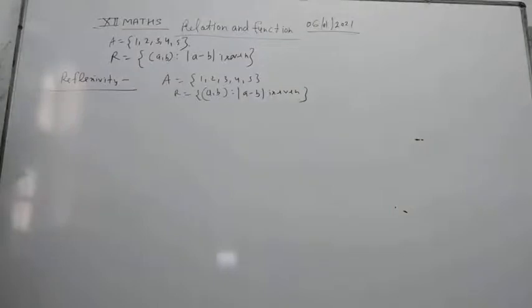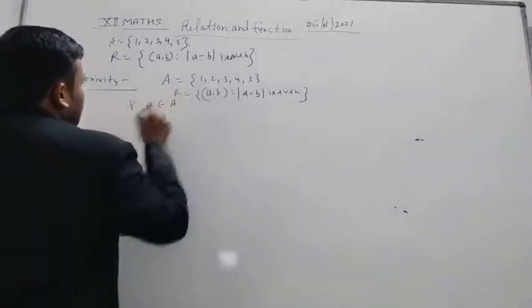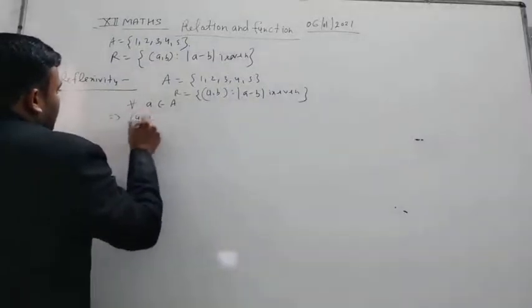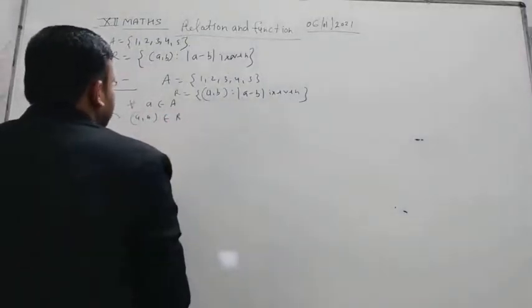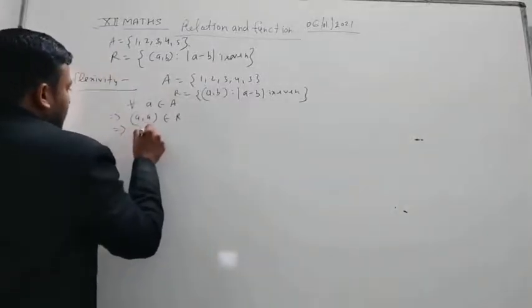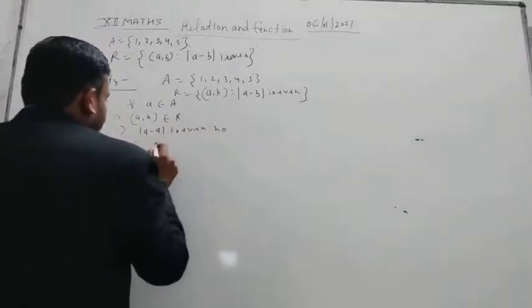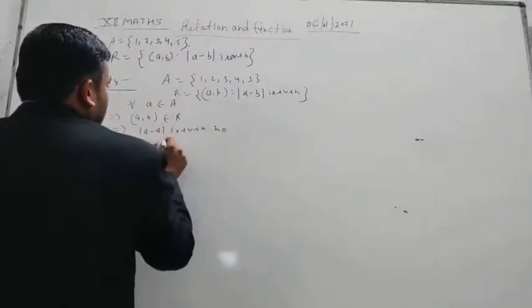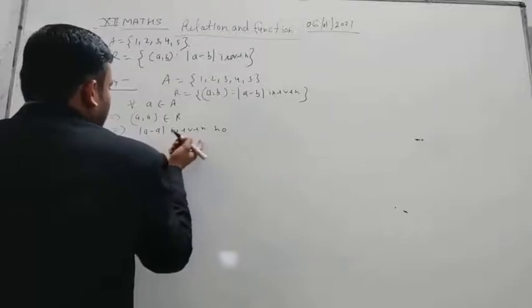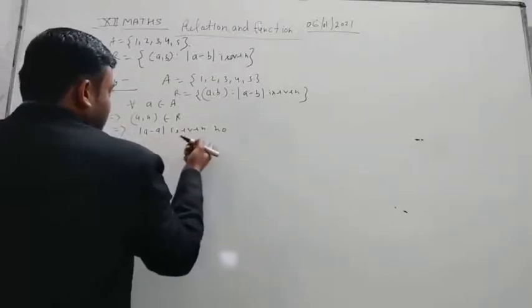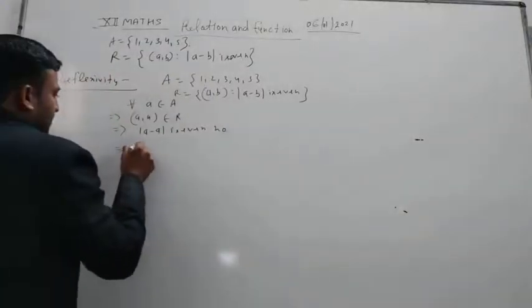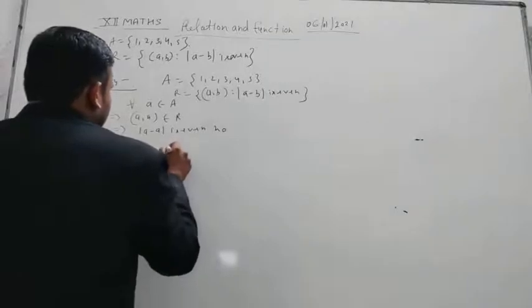So we take any a belonging to A, and we write (a, a) belongs to R. This implies a - a is an even number, and a - a is 0, so this is an even number. So we can say that R is reflexive.